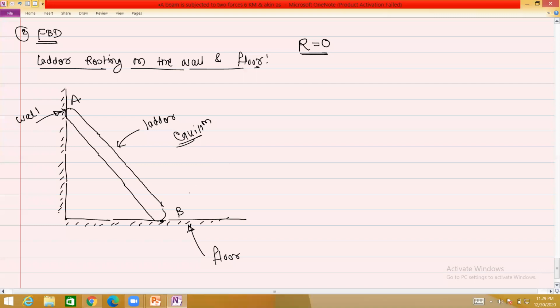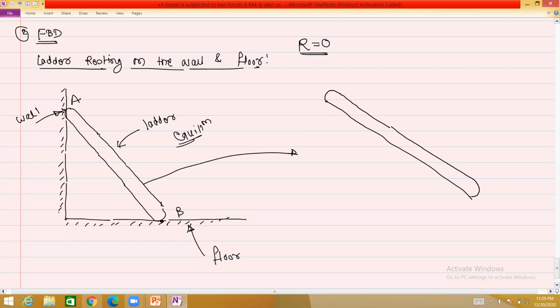So when we want to find out these forces, we have to draw the free body diagram. So isolate this ladder from its surrounding. In the FBD, just draw the diagram for the ladder AB.